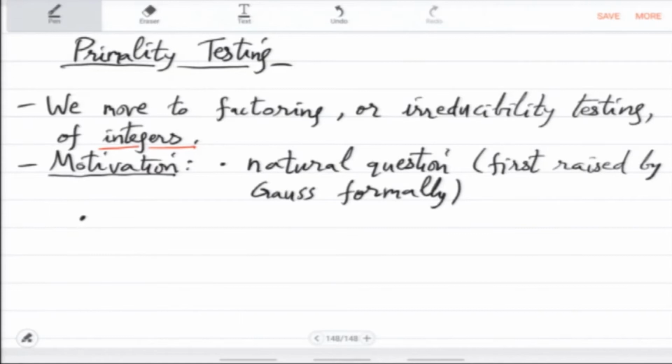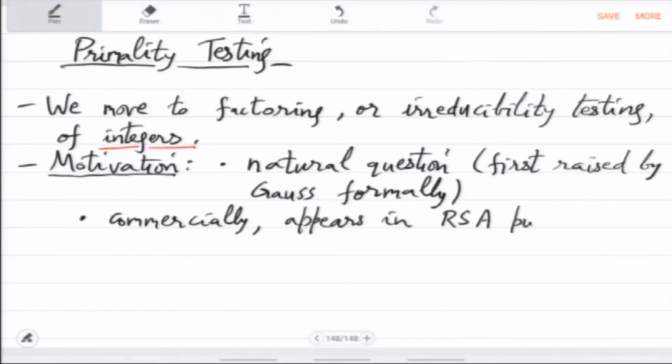Second, more recent reason is commercially. These questions appear in the RSA crypto system, public key crypto system, which is used almost everywhere on the internet where you want security.